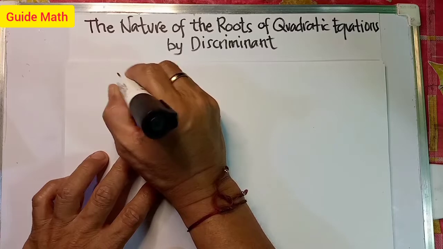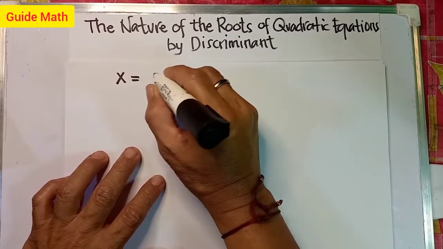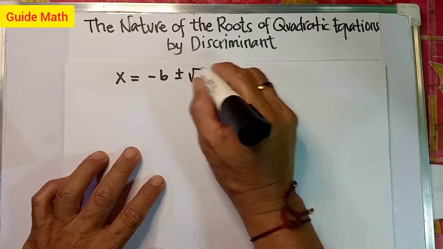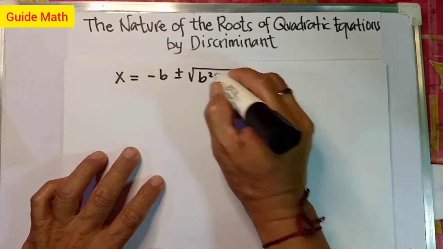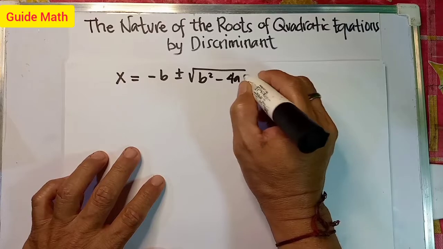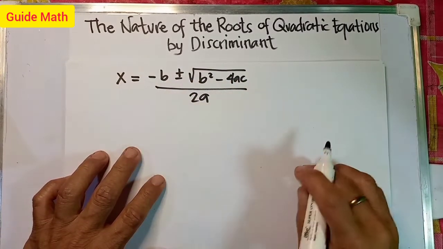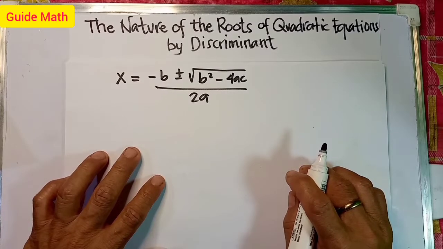Pag sinabi natin quadratic formula, that is x is equal to negative b plus or minus the square root of b squared minus 4ac, all over 2a. Ito po yung ating quadratic formula.